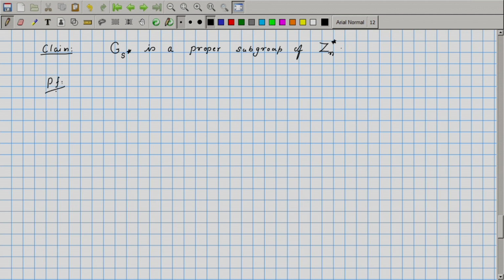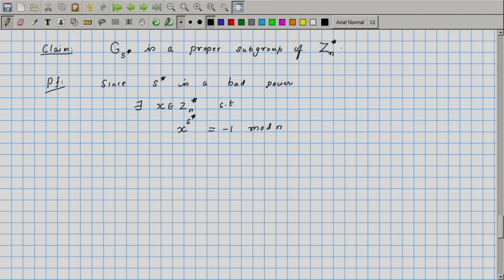Since S star is a bad power, we can conclude that there is an x which belongs to Zn star such that x raised to S star is equal to minus 1 mod n.